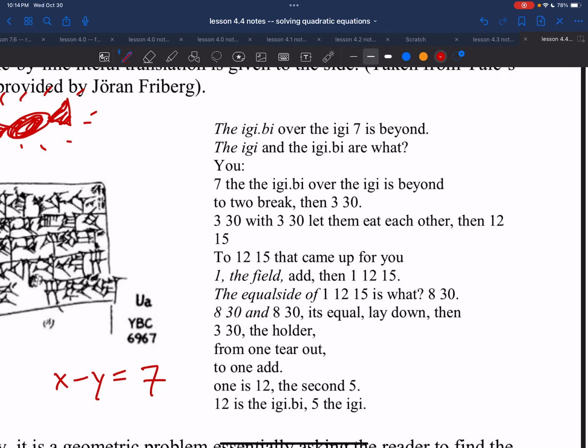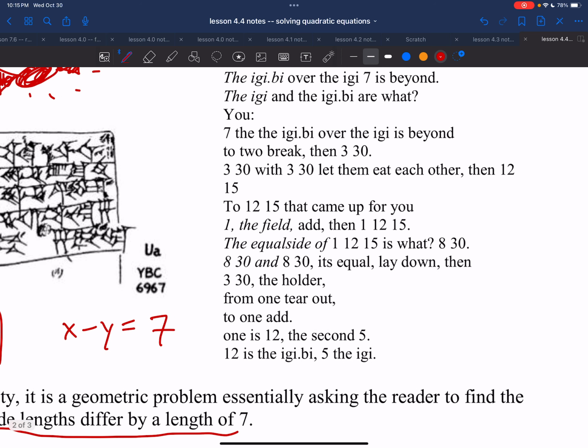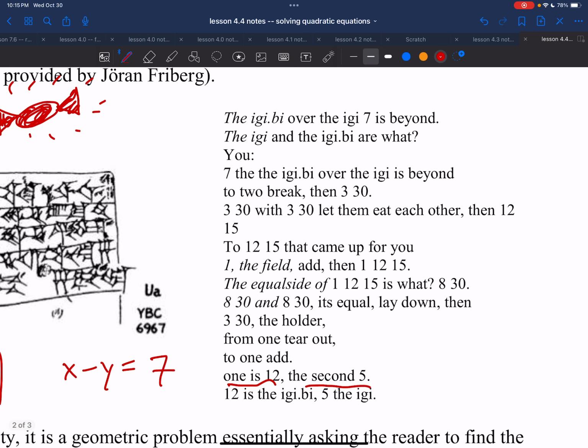If you'd like, you could really look at how they thought about it. I sort of struggle to see it, but you can see that one is 12 and the other's 5. So they get the same answer, of course, right?